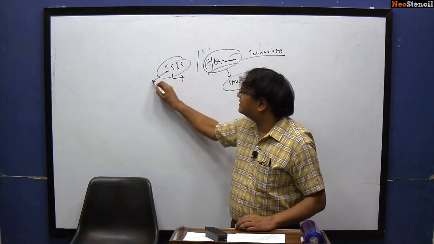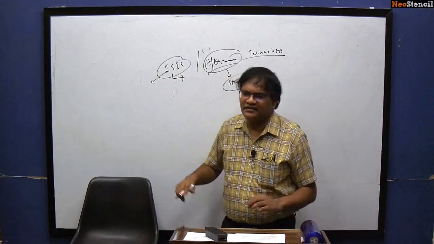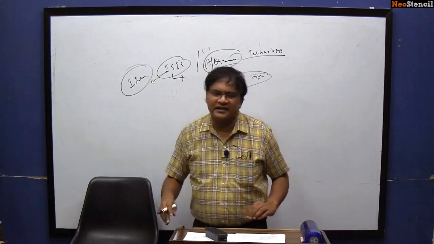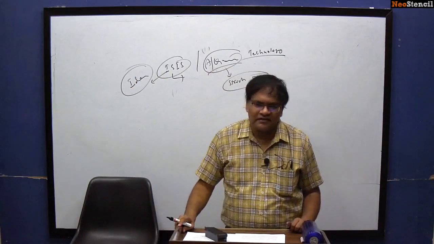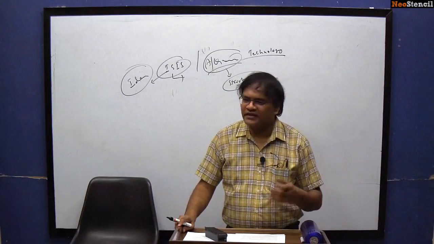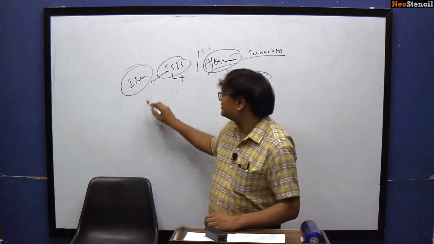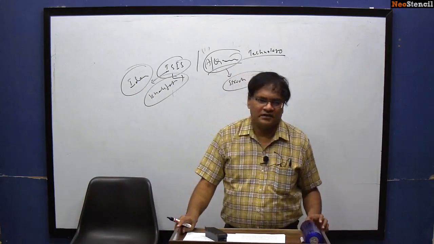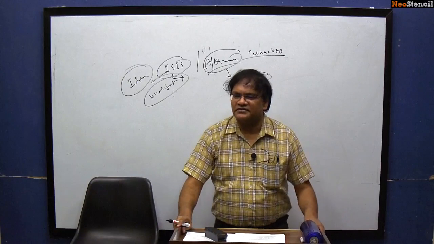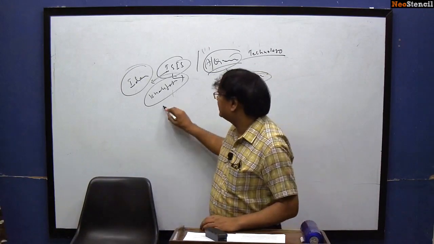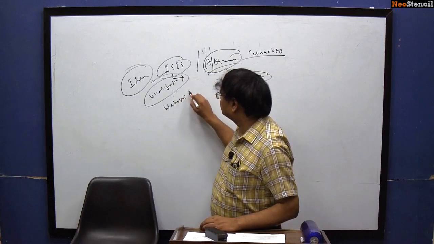Whereas in the case of ISIS, the problem is that ISIS is more of an idea than anything else. What is the idea here? The idea is bringing back what they call the Khalifa, the rule of Khalifa, the Middle Age Islam, what is called Wahhabi Islam.